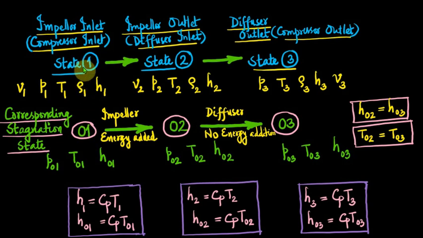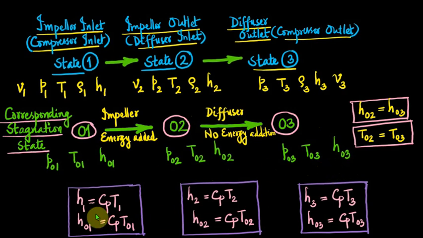The corresponding pressure, temperature and enthalpy are P01, T01, H01, then at the impeller outlet P02, T02 and H02, and at the diffuser outlet or compressor outlet P03, T03 and H03. These are the stagnation properties.